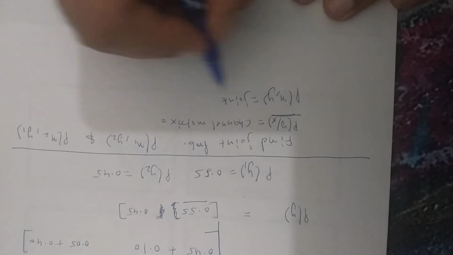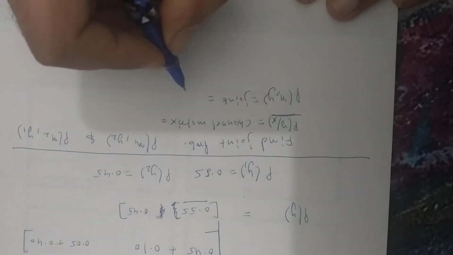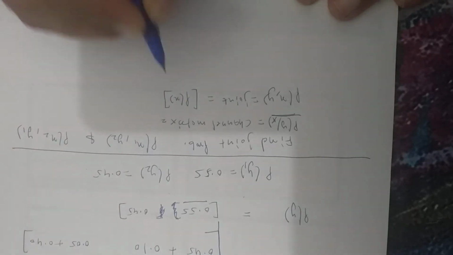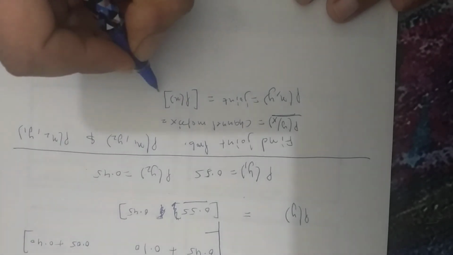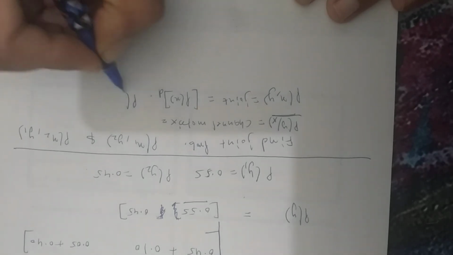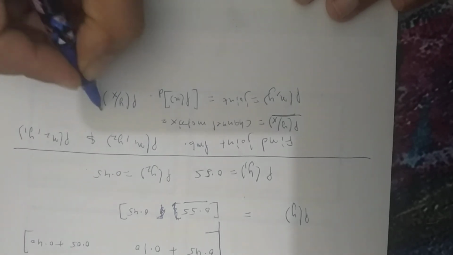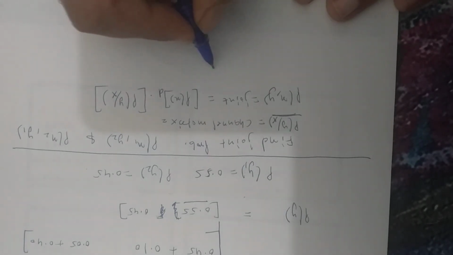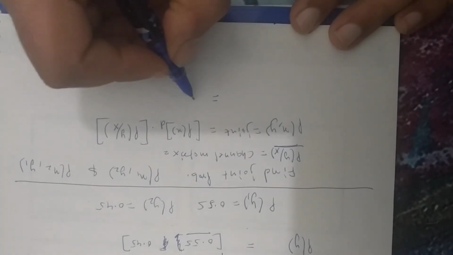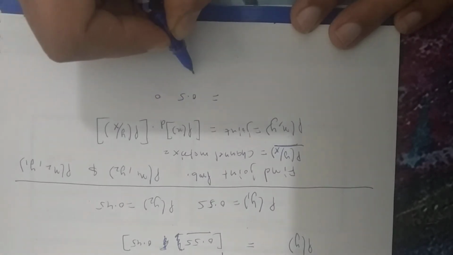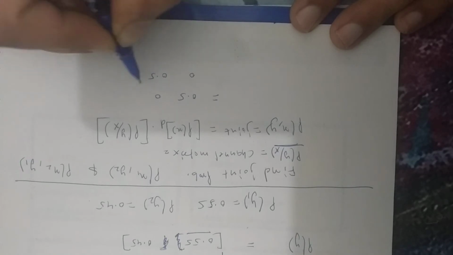So now the formula for joint probability is P x, that is the input signal probability in diagonal form, multiplied by the P y slash x matrix. So this is the formula for joint probability. Here we will put the values of input probability diagonal-wise: 0.5, 0, 0, 0.5.